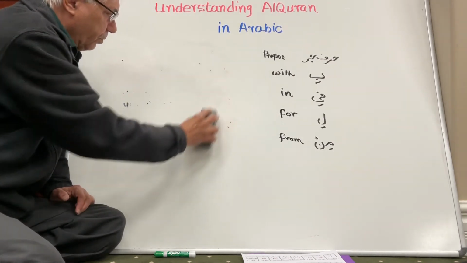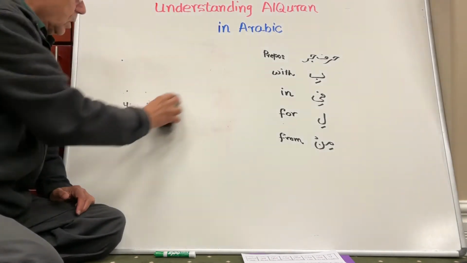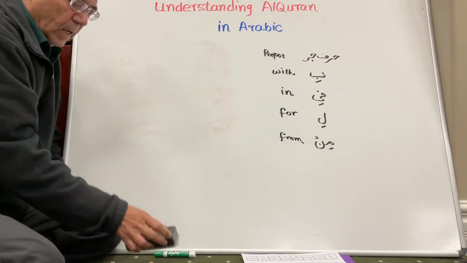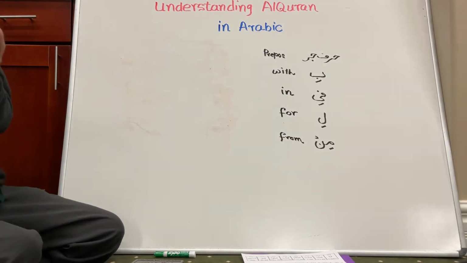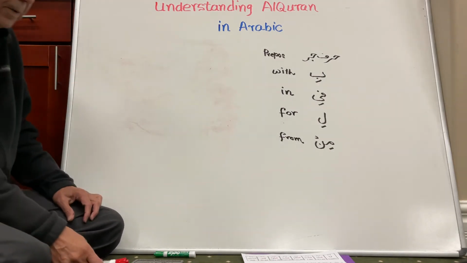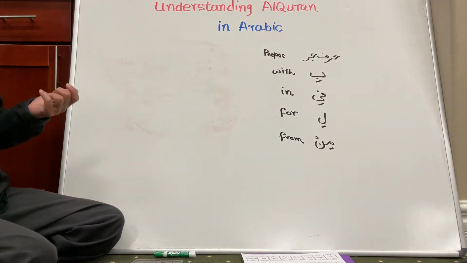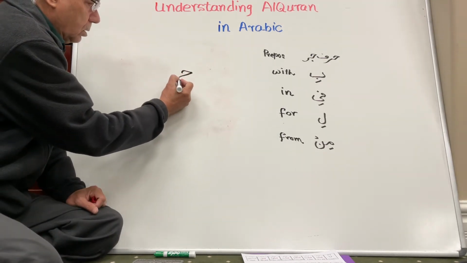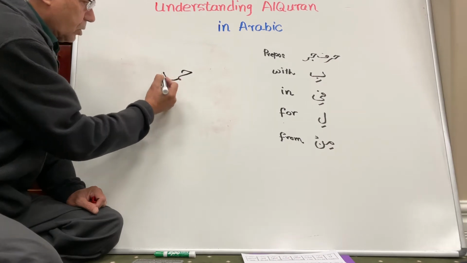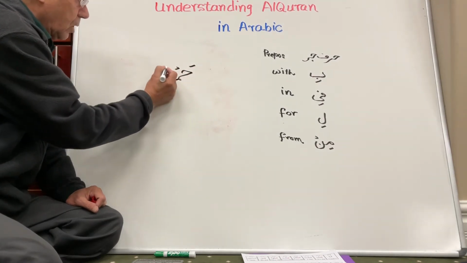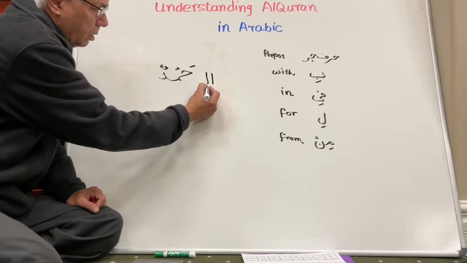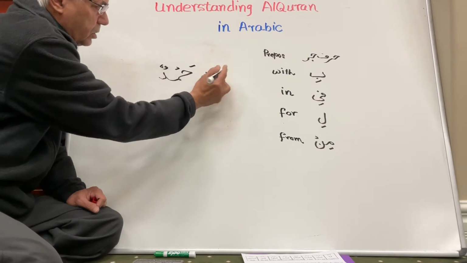Yesterday, we focused on the word al. Al means the, okay? The brings the exclusiveness. So if you have hamdun, which means praise or something, it is a noun. But as soon as you put al, it does 2 things.